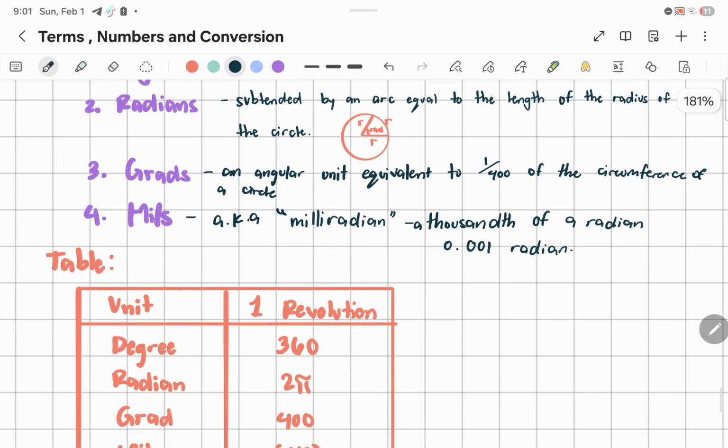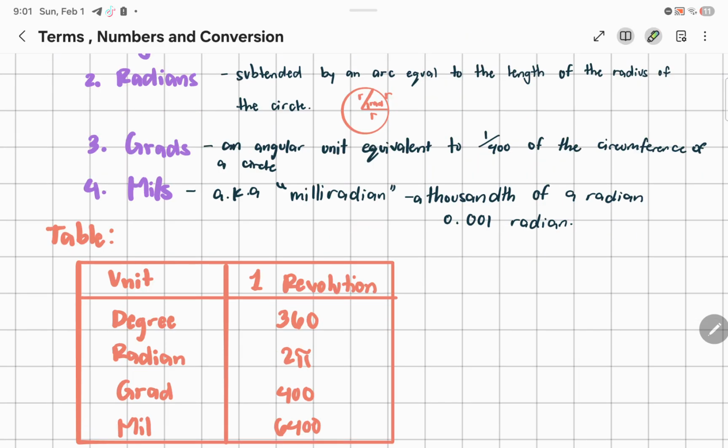Next, we have grads. This is an angular unit equivalent to 1/400 of the circumference of a circle. Next, mils, also known as milliradians. This is a thousandth of a radian, or 0.001 radian.